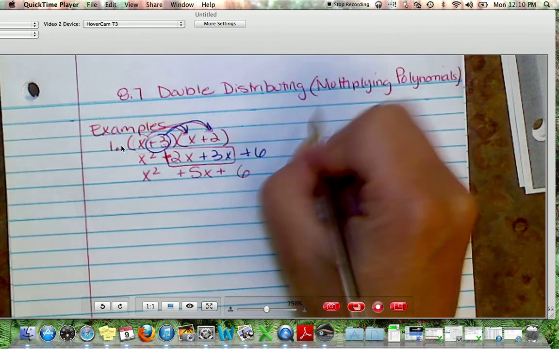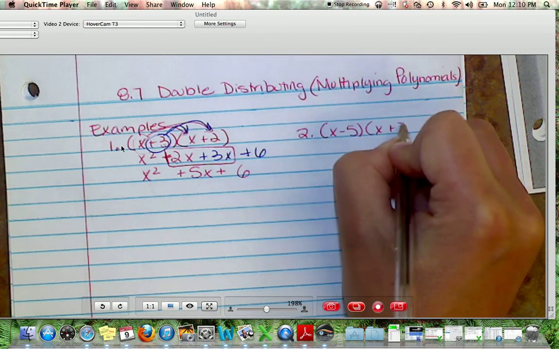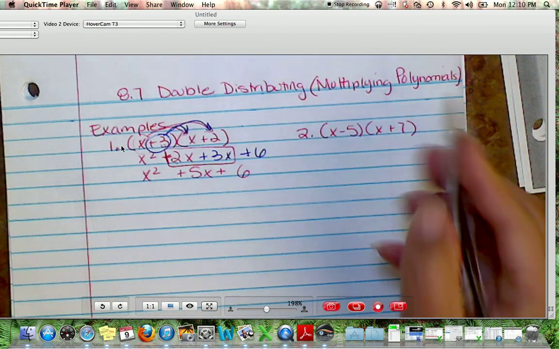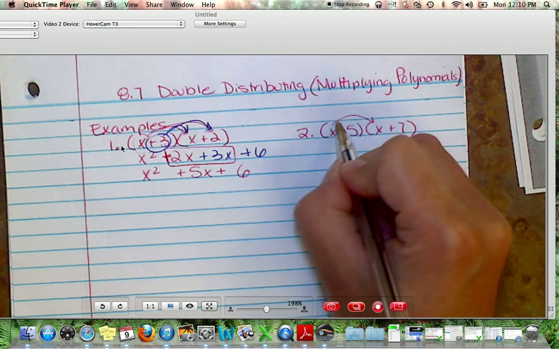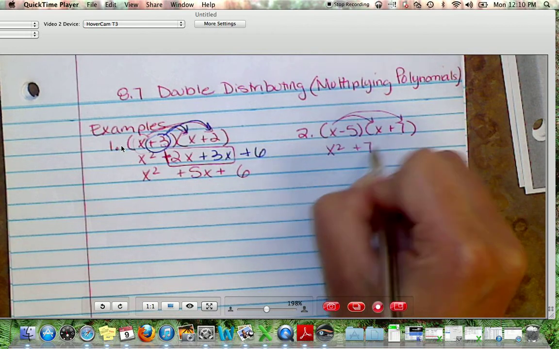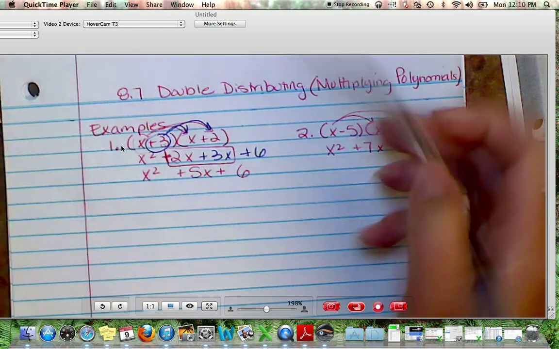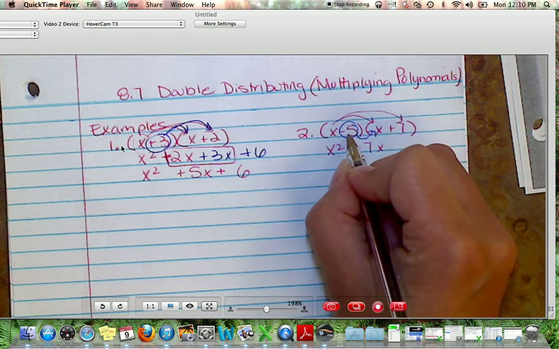Let me show you another way that you could distribute these. It's the same exact idea, we just show it a little differently. So we have another binomial times a binomial. We take the x and we pass it out to both, so we get x squared plus 7x. That's what I got when I passed out the x. Now when I pass out the negative 5, I get negative 5x.